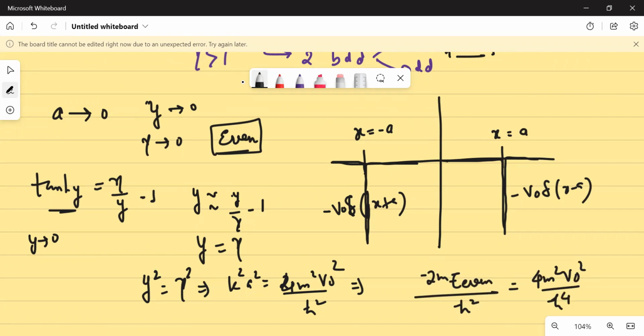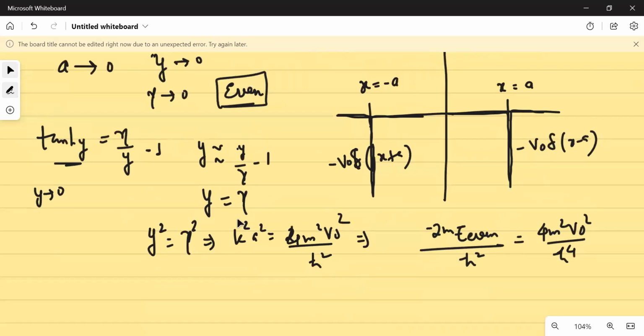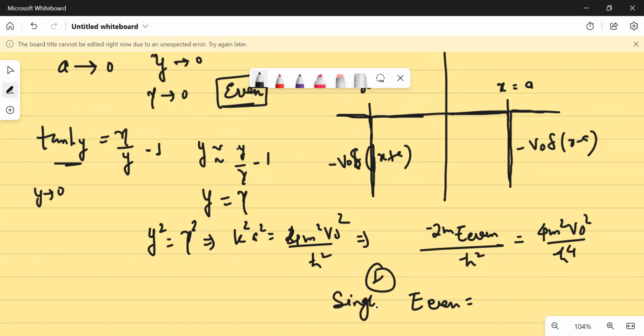So you will find that your even bound state, when a tends to 0, your even bound state and only bound state, because now as a tends to 0, your gamma tends to 0, you have only a single bound state. You will have only a single bound state, and that happens to be an even bound state, and that will be minus m v naught square upon 2h cut square. And that indeed should be the case.